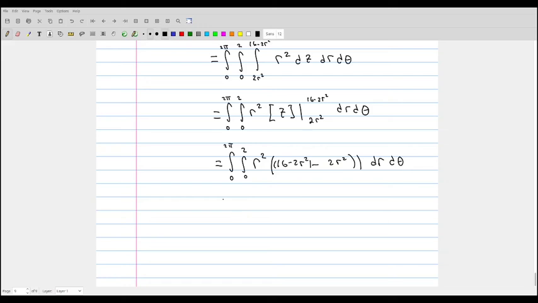And this simplifies to the integral from 0 to 2 pi of the integral from 0 to 2 of r squared times 16 minus 4r squared dr d theta.